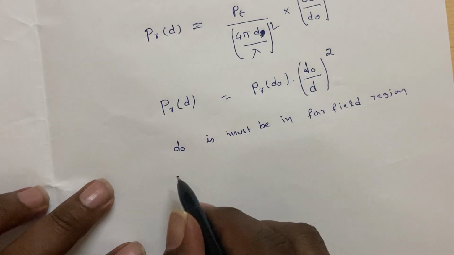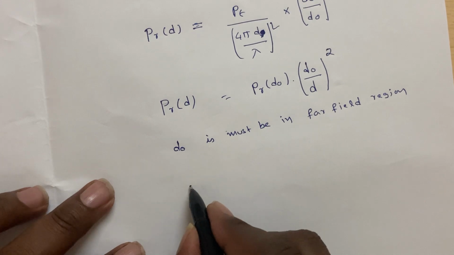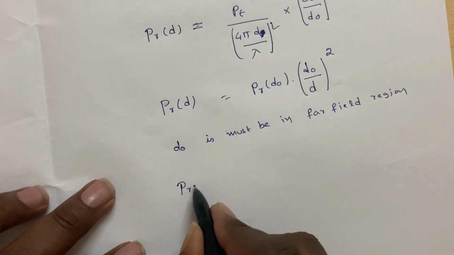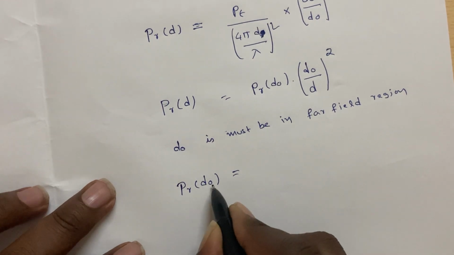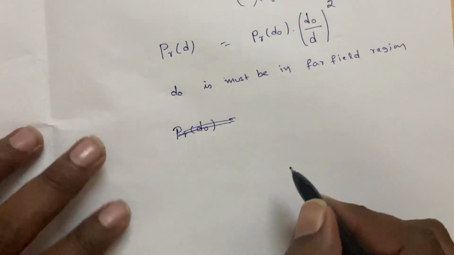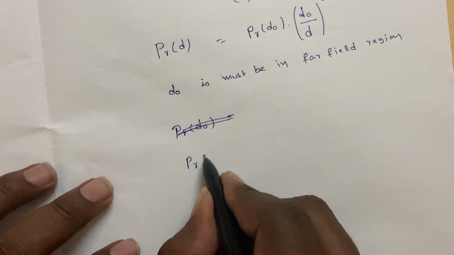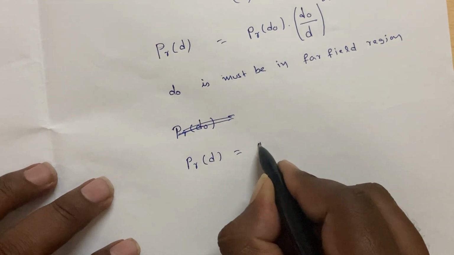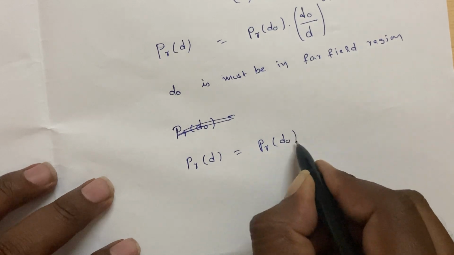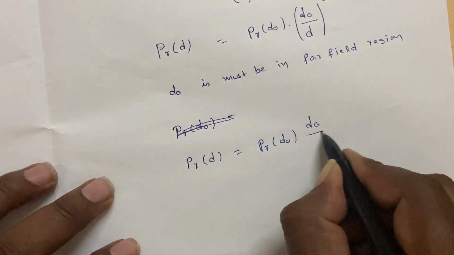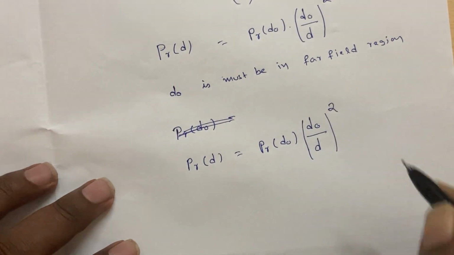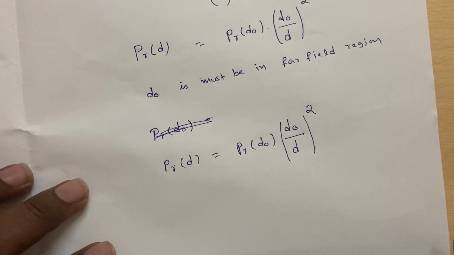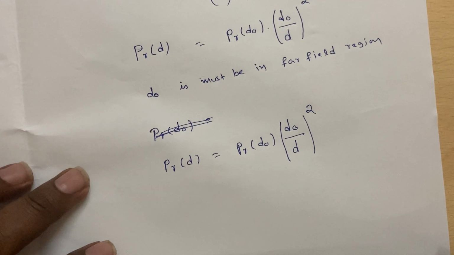So what we have finally is the simplified version: PR of d is equal to PR of d naught into (d naught by d) power 2.